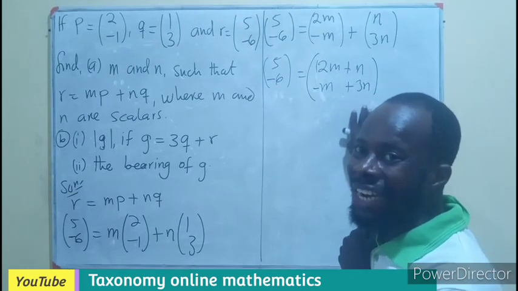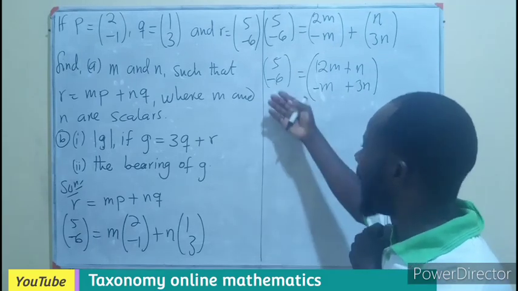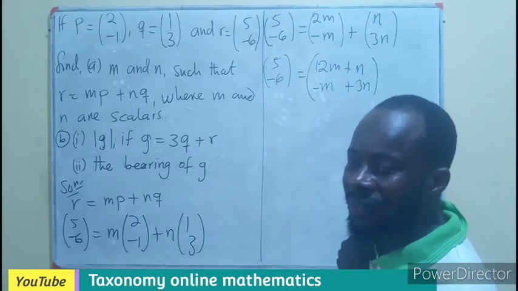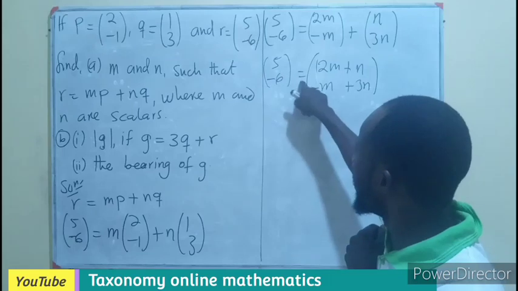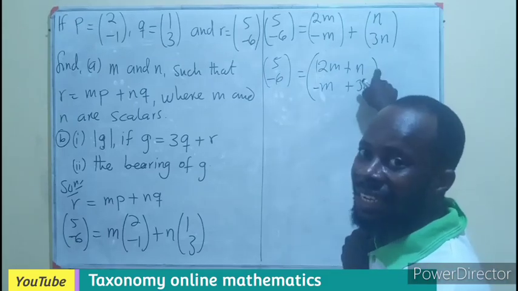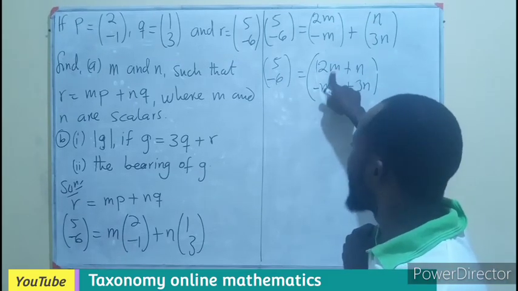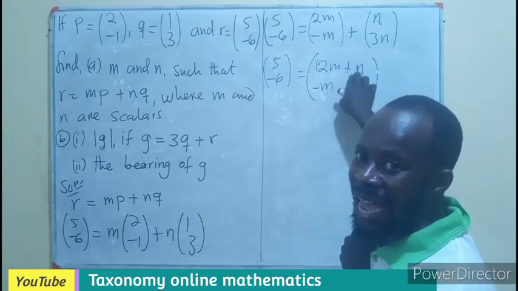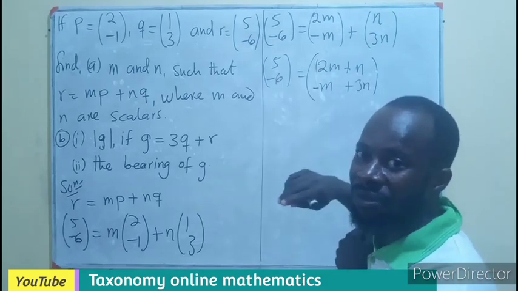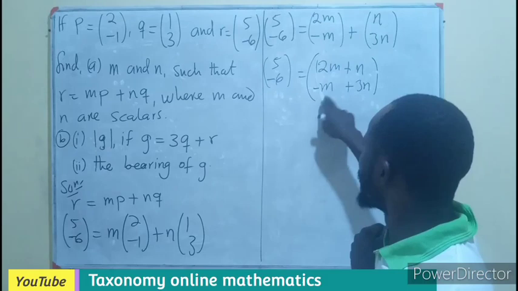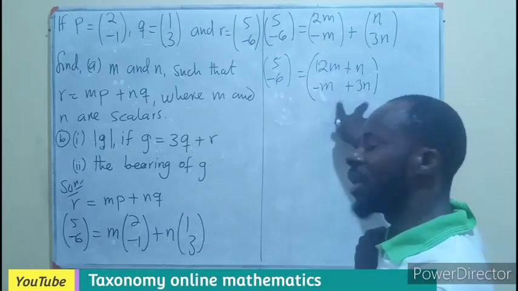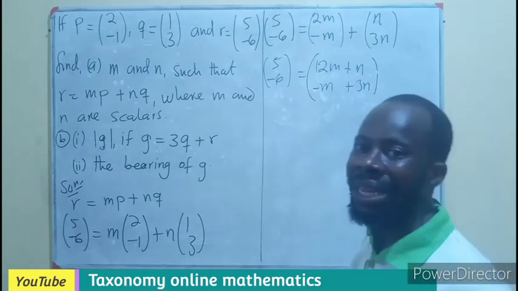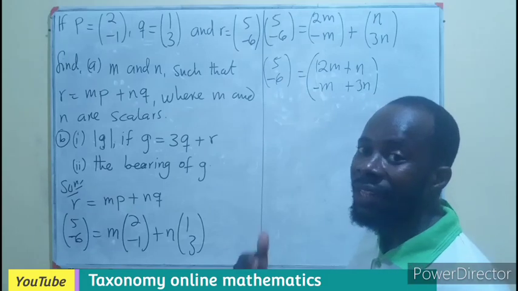It becomes equality of vectors, meaning the left equals the right. Simply put, 5 is equal to 2M plus N. It means if I know the values of M and N and I add, I should get 5. In the same way, the values of M and N in this arithmetic will give us minus 6.